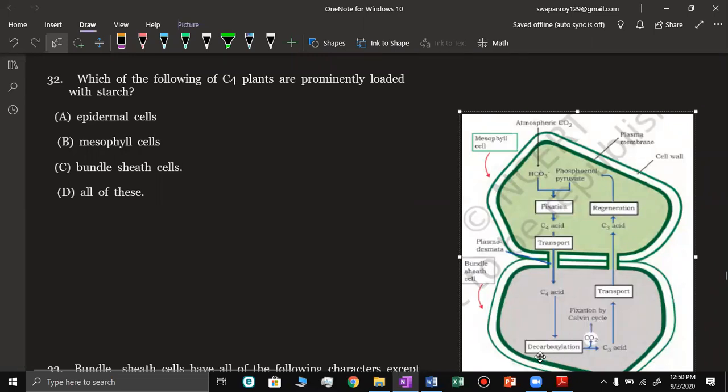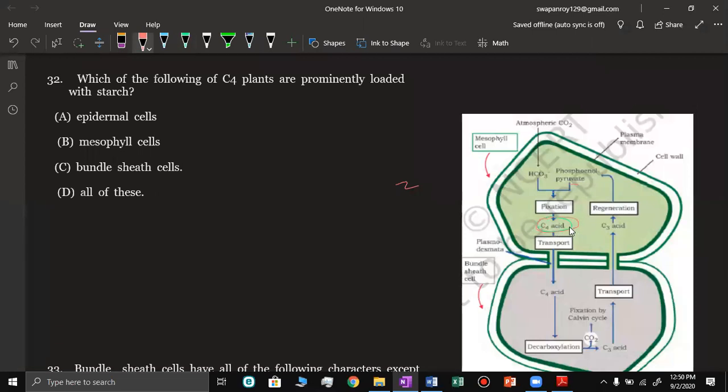Atmospheric carbon dioxide is absorbed in the presence of phosphoenol pyruvic acid that fixes it, and it forms a C4 acid that I told you, oxaloacetic acid.